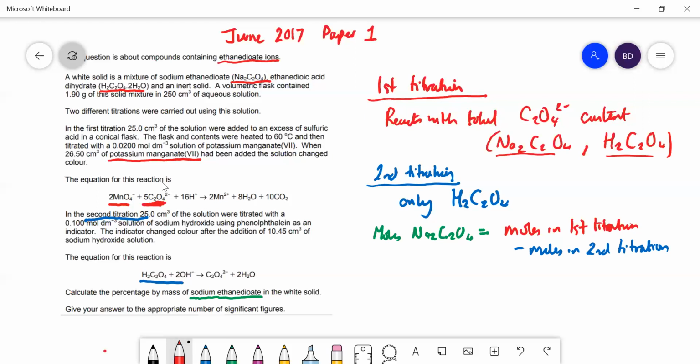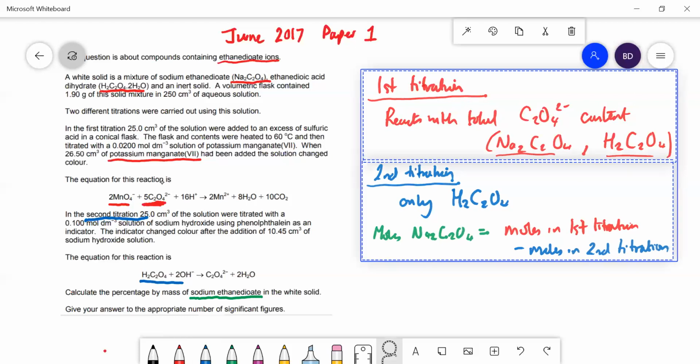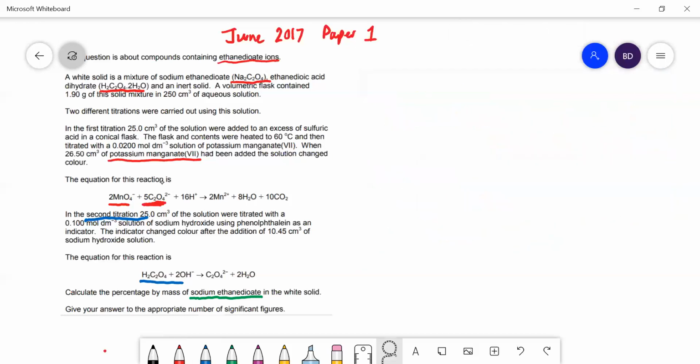So that's the principle of it. That's what we're going to do. I'm just going to tidy that up and we'll start doing the calculations.